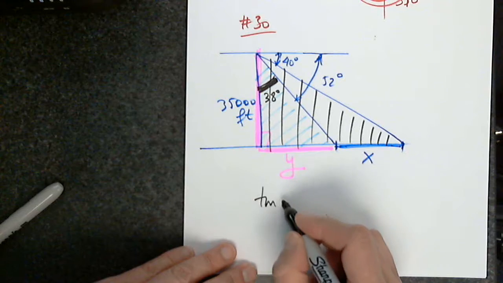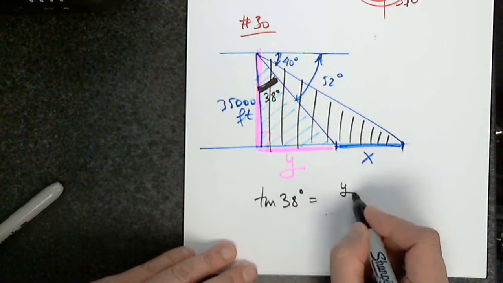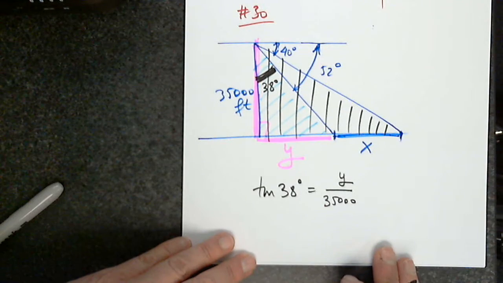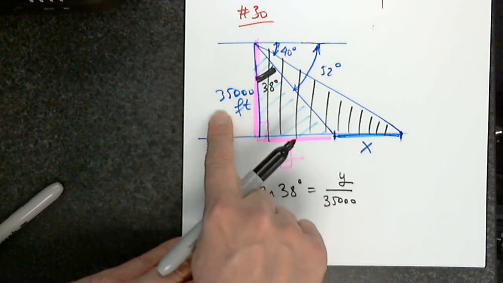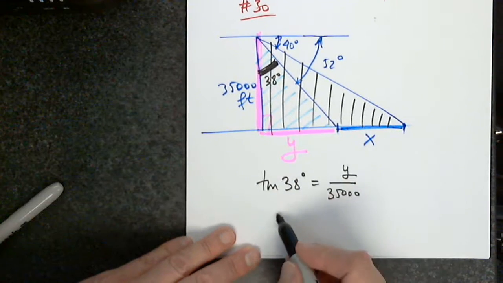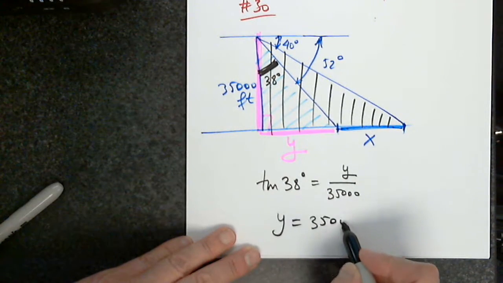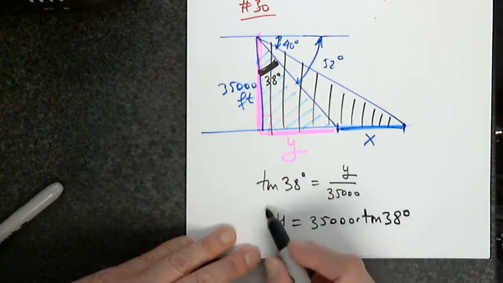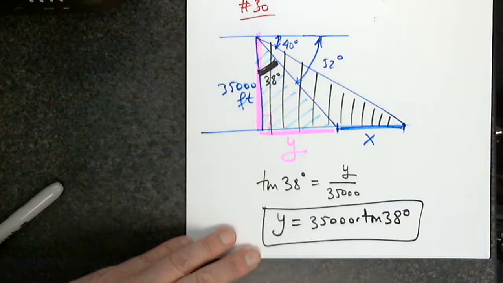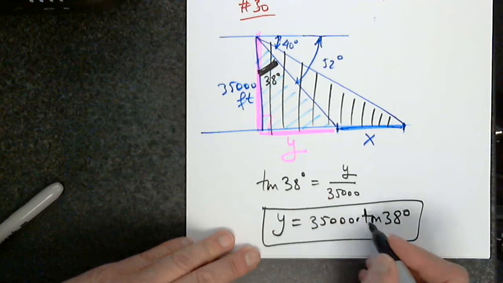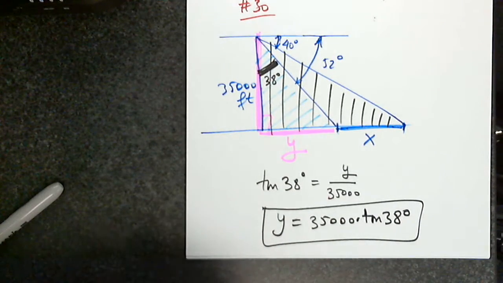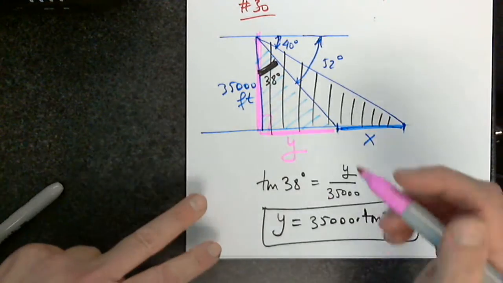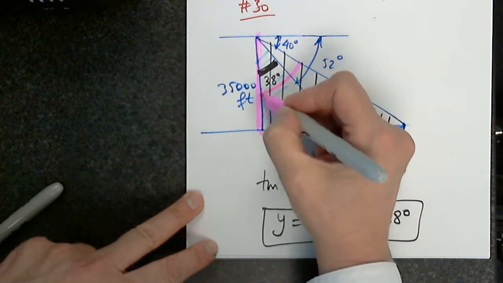I can say tangent 38 degrees is y over 35,000, the opposite over the adjacent. Then cross multiply, and I have y, which is 35,000 times tangent 38 degrees, which I can find in a blink.